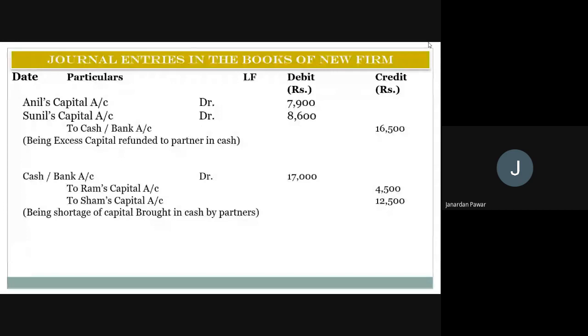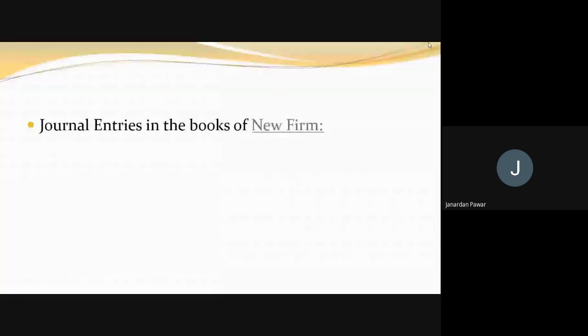Okay, then we have to go for the preparation of the balance sheet. You can see, in the books of Messrs Anil, Sunil, Ram and Sham, balance sheet as on 1st April 2020. This is the asset side and liability side.